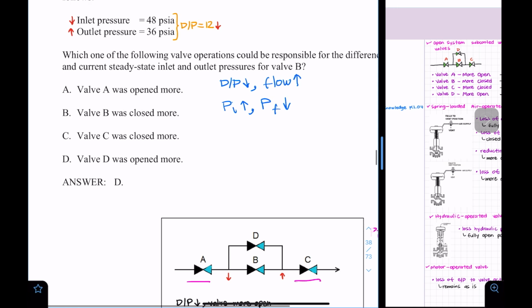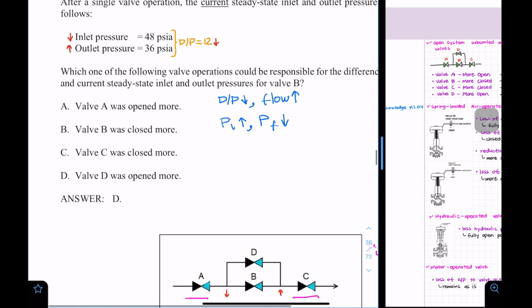So that means to me, okay, so we open the valve, like we have more flow, this valve was more open. So let's take a look at the options, because here the answer to me, it will be that I open this valve more, right? So valve B, if I analyze things this way.